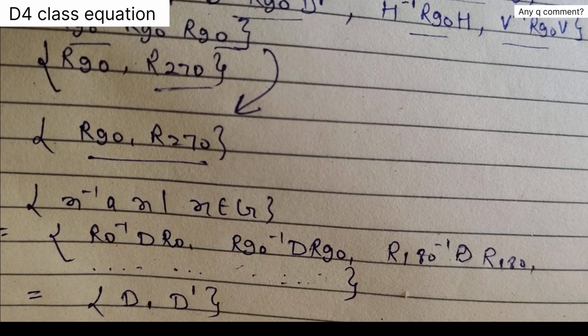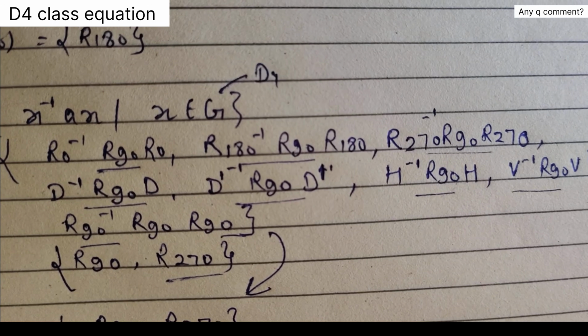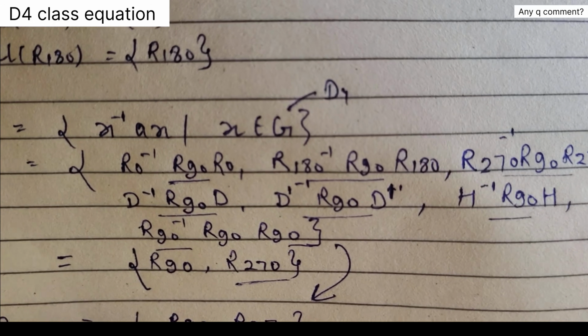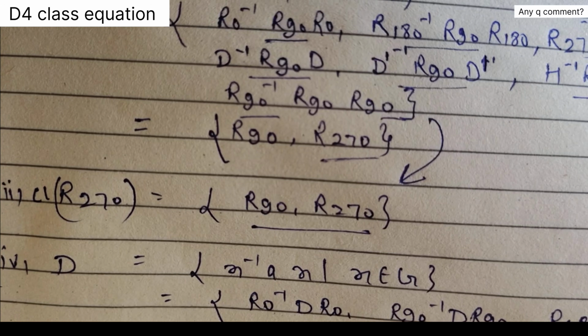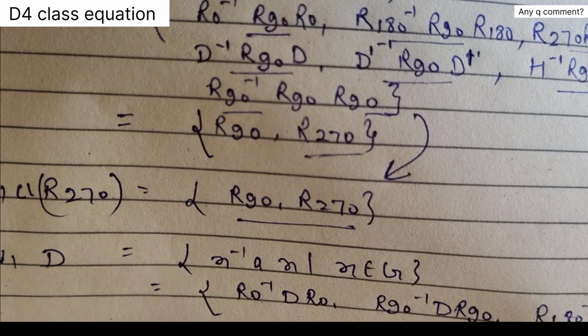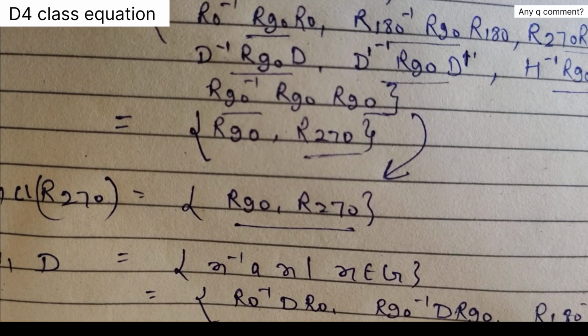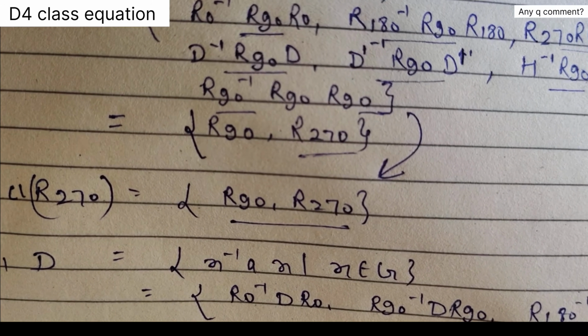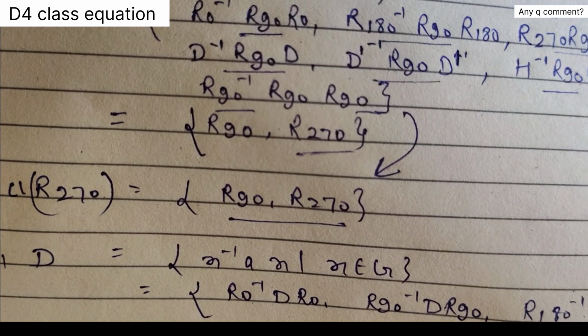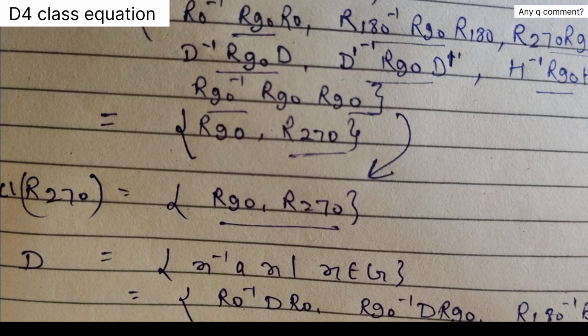So the class of D equals this. Similarly, the class of D dash is again D and D dash.